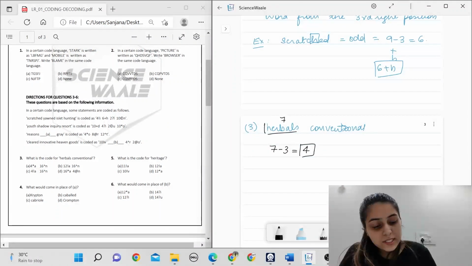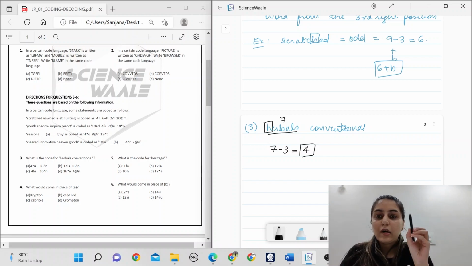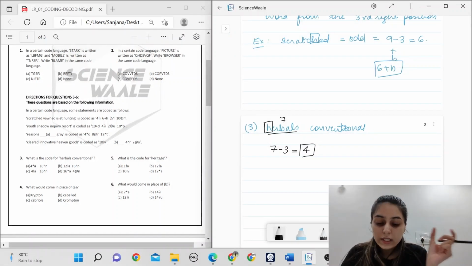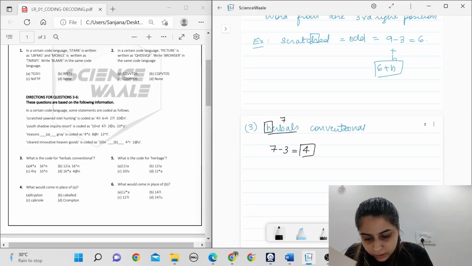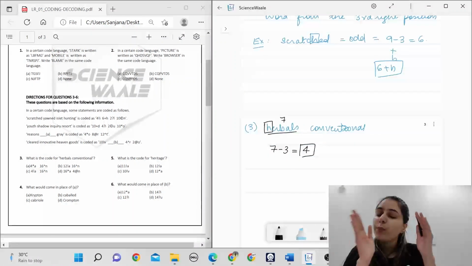And here the first letter of the word is H. Now out of the given information, we need to check for the word which starts with H, what code is given. Only one word which starts with H is given, that is hunting. Hunting is again a 7-letter word, so 7 minus 3 would be 4. So its code would be 4 something.